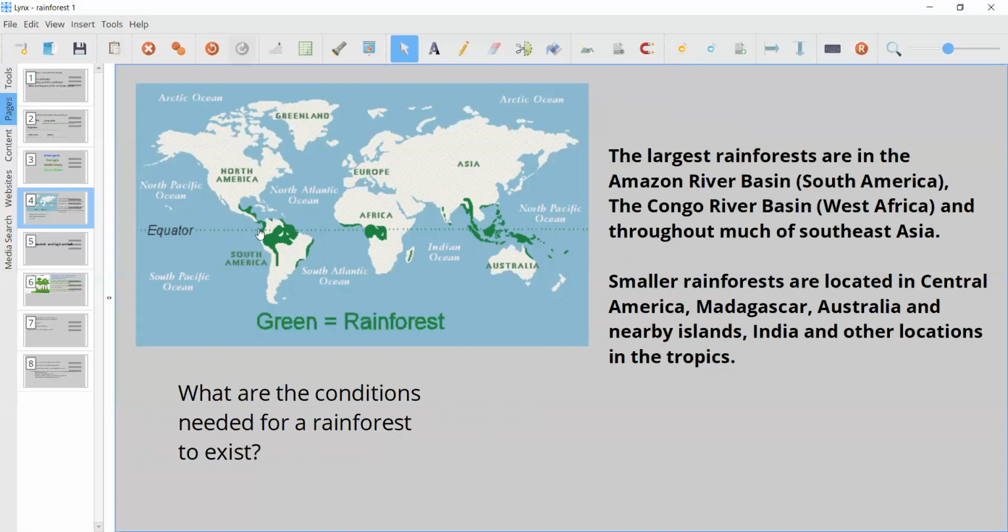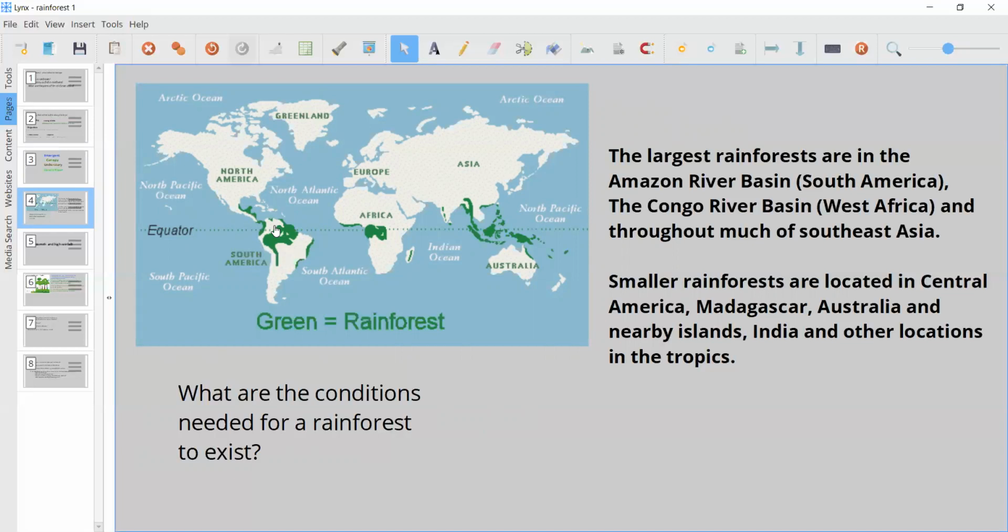So you can see here, there is a tropical rainforest in South America, where you'd find the Amazon River Basin. Here is another. Here's a fact for you, though. The Amazon rainforest, if it was a country, would be the 9th biggest country in terms of area in the whole world.